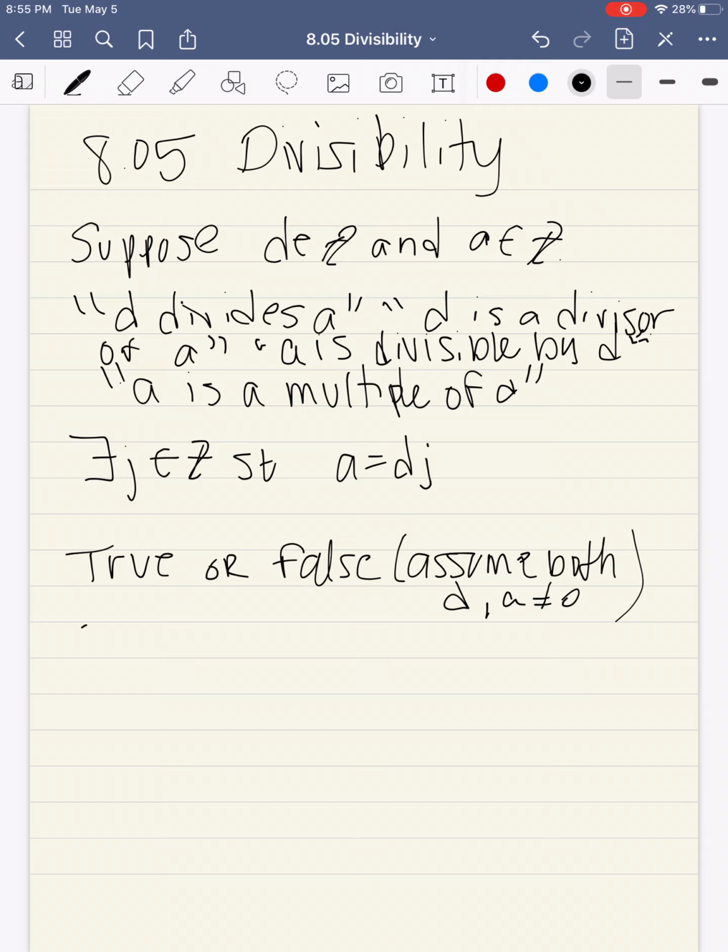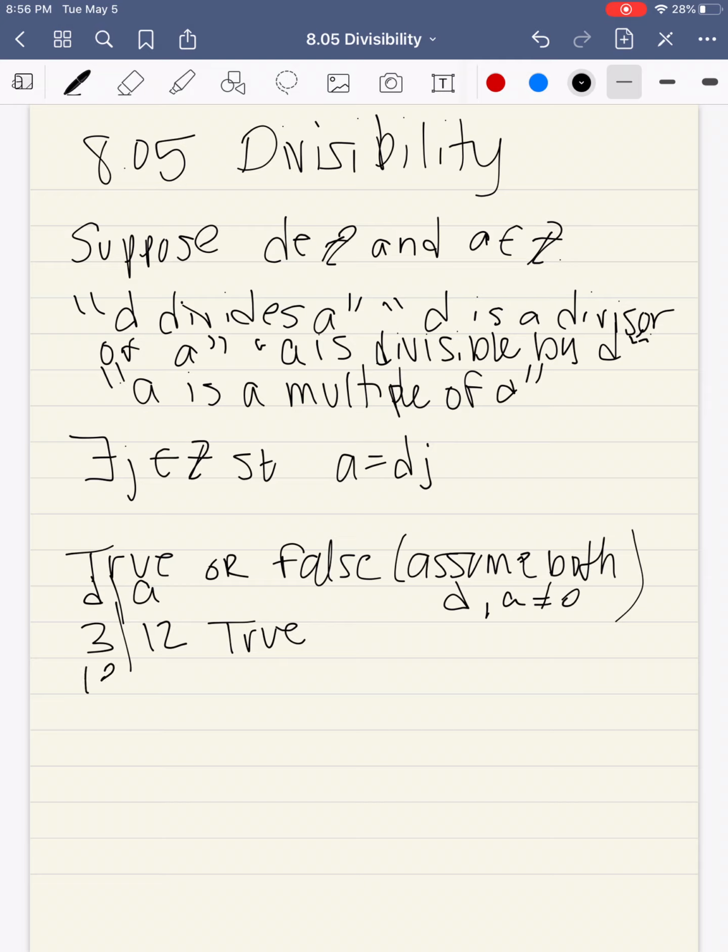So we would say 3 divides 12. That is true. In this case we have d divides a, that's essentially our notation. So 3 is d and a is 12. So 3 divides 12 is a true statement.